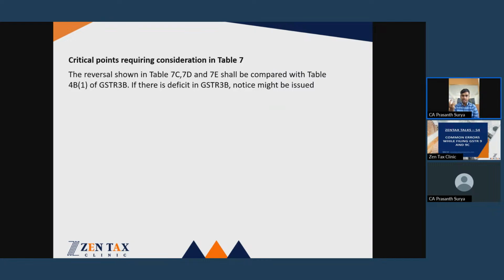If there is any deficit, the department will be of the view that you have reported this much reversal in GSTR 9, which you have not ultimately done in GSTR 3B. So the difference amount you should reverse now. They can claim like that. So please be aware that whatever you report in table 7C, 7D, and 7E of GSTR 9 should match with table 4B1 permanent reversal of GSTR 3B.